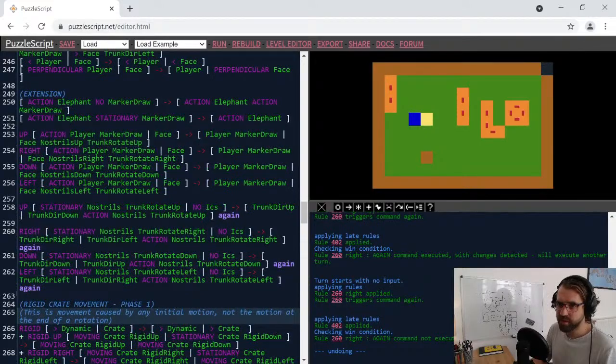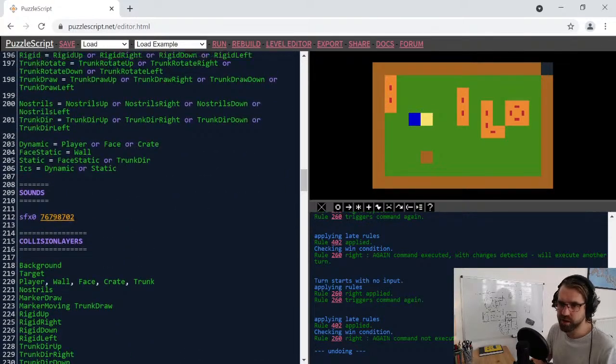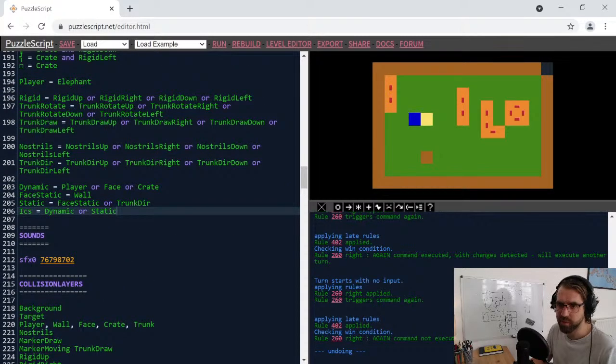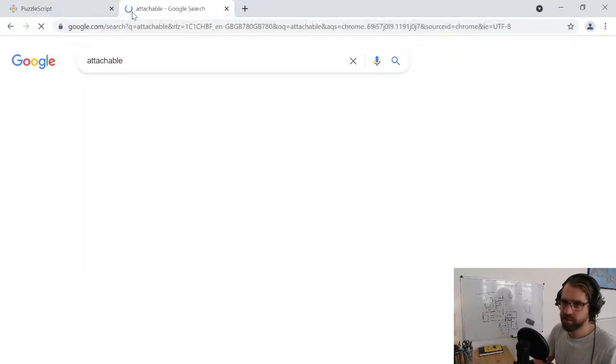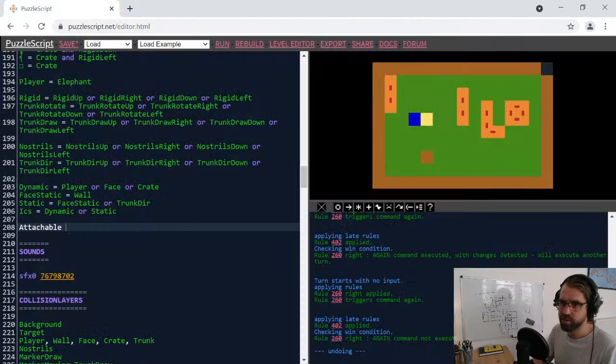So basically, when extending, if the nostrils hit the right kind of thing, let's call it an attachable. It might end up being the same as another group, but then at least it's descriptive. Attachable. Yeah, okay. I never like how words end in able and ible.